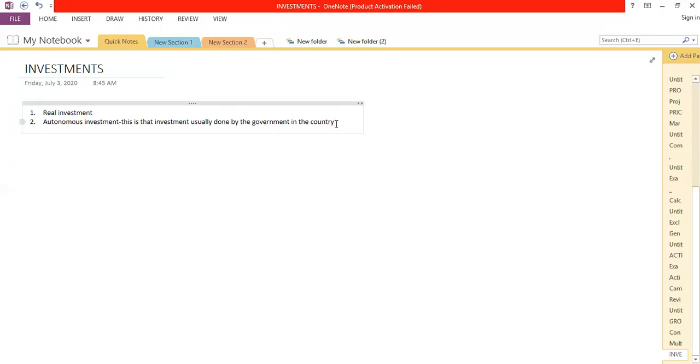And why do we call it autonomous? The reason it's called autonomous, this is very important, it is autonomous because it does not depend on the level of income.